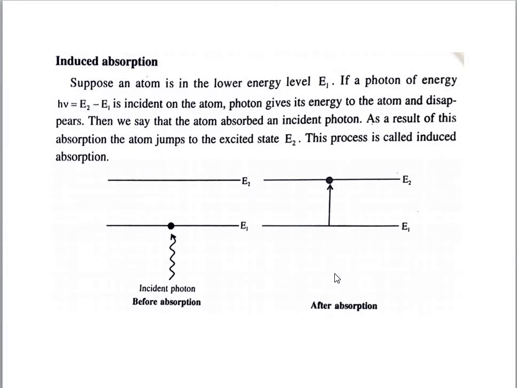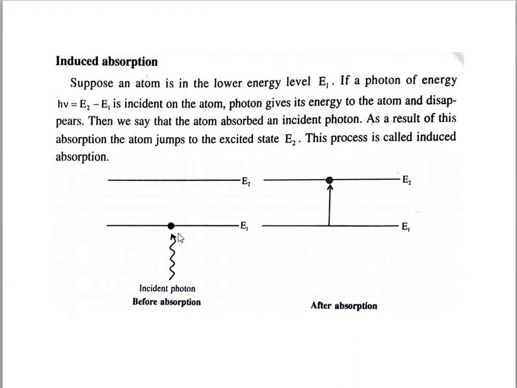After absorbing a photon, the electron jumps from the lower energy level to the higher energy level, and this process is known as induced absorption. Okay, why is it called induced? Because this photon induces, and it is absorbed by this electron. So it is called induced absorption.